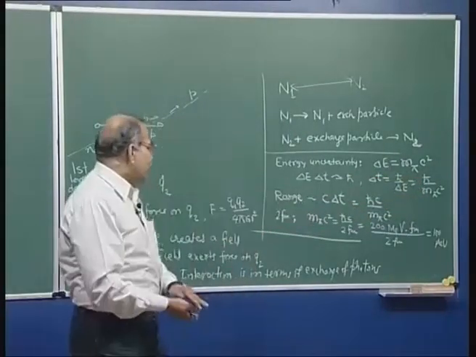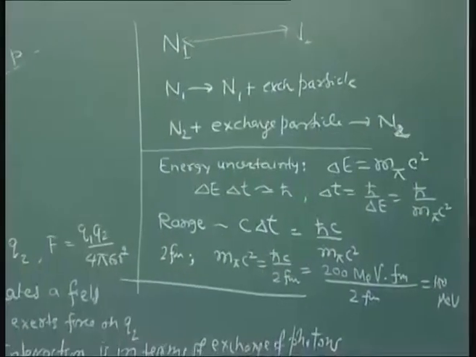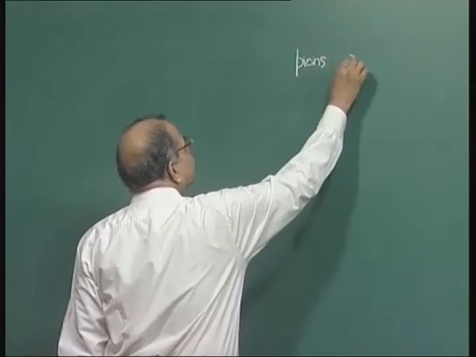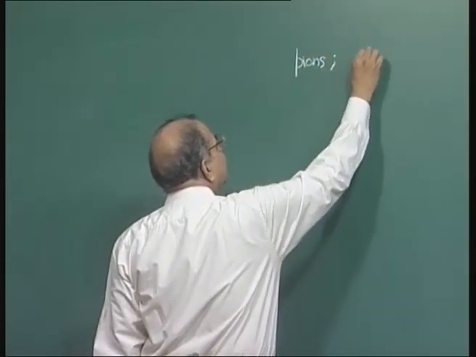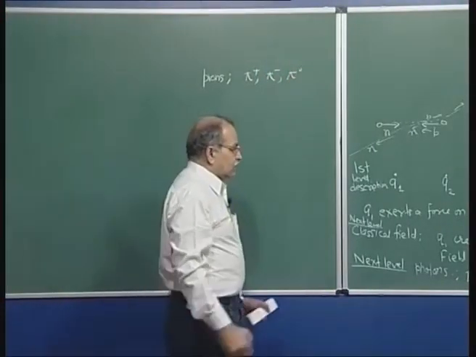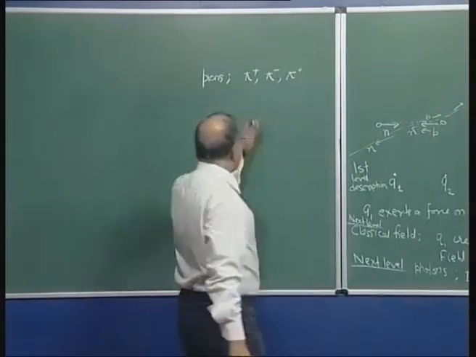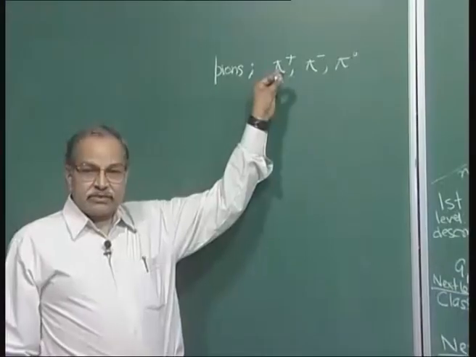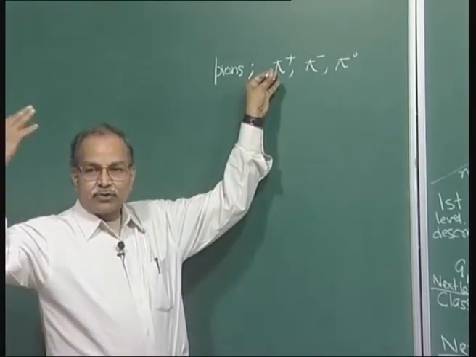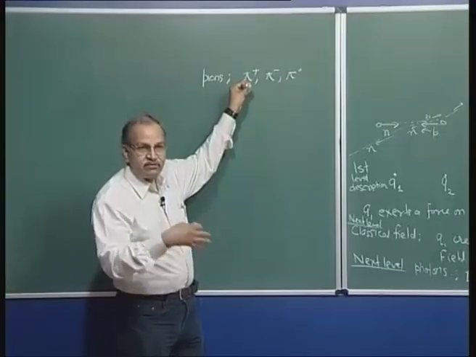Okay. So, do we have this type of particles? It turns out that yes, we do, and those particles are pions, and there are 3 varieties of them: pi plus, pi minus, and pi 0 neutral. These are particles which are observed in laboratories, real pions, which are created in the atmosphere by cosmic rays, and also created in laboratories using nuclear accelerators and nuclear reactions.